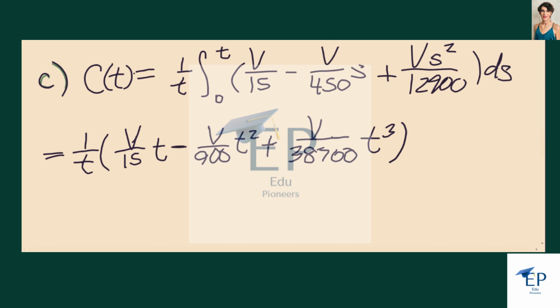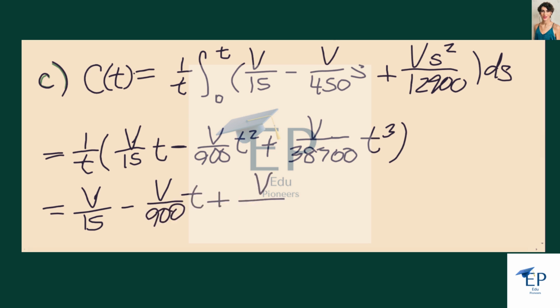And this simplifies to v over 15 minus v over 900 t plus v over 38,700 times t squared.